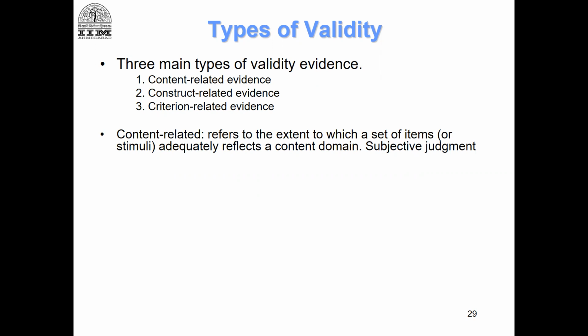What is the definition of this construct? What kind of behaviors am I interested in actually capturing in this construct? So I need to understand what goes inside this construct. So I need to understand the content, and this is a subjective judgment.